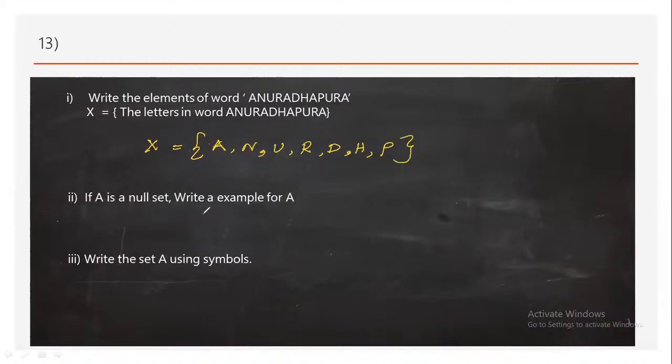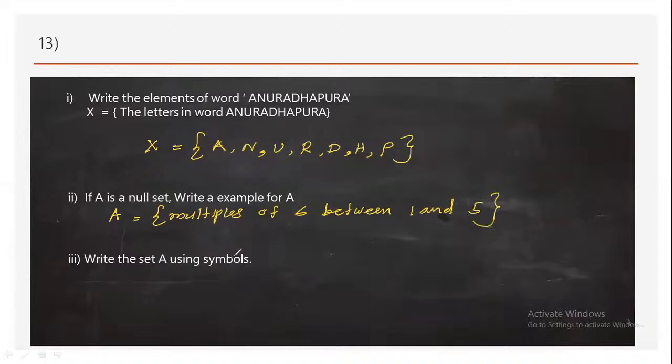If A is a null set, write the examples for A. I will write multiples of 6 between 1 and 5. Are there? No. Six. 1 and 5.